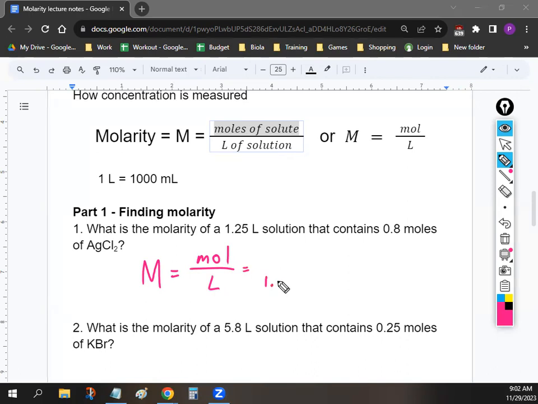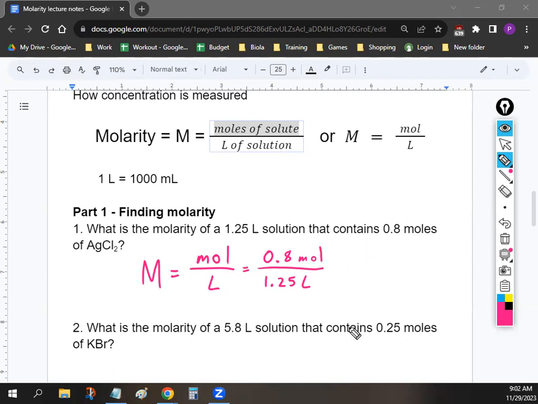So 1.25 liters goes on the bottom, and we don't need to change anything about it because it's already in capital L. And then for the top, we have moles already. It's 0.8 moles. So number one's pretty easy. Want to start with the easy one. All you have to do is punch this into your calculator.